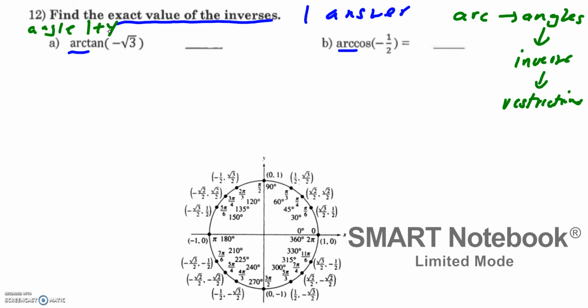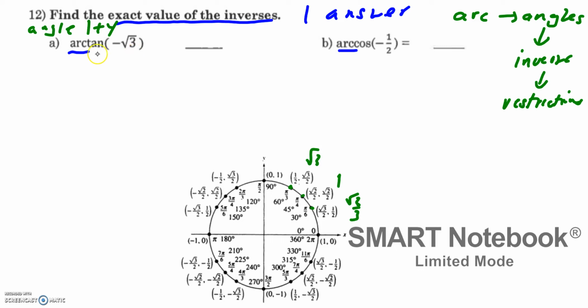So before I start this problem, we're looking for an angle here, and arctan is restricted to quadrants 1 and 4. So we're looking for an angle whose tangent value is -√3. Going more quickly this time, my tangent value at a 30-based angle is √3 over 3 if I take y divided by x. And y divided by x here is √3.